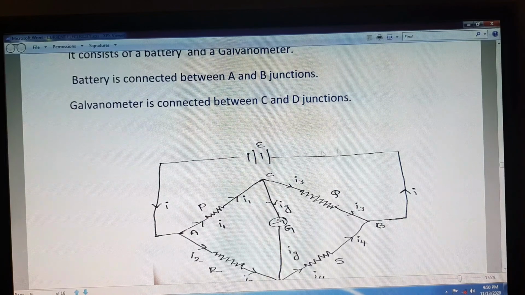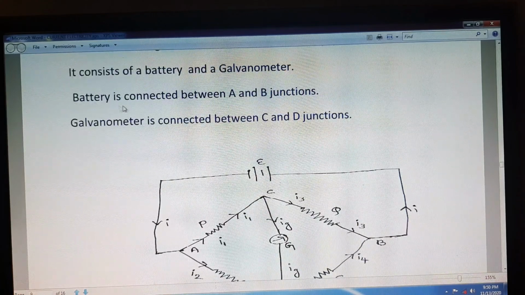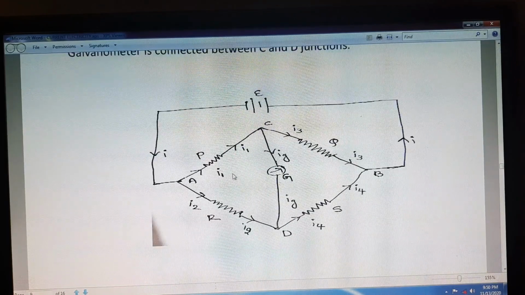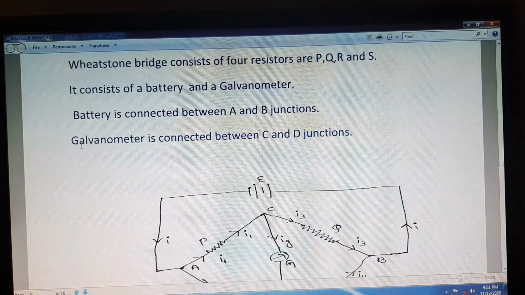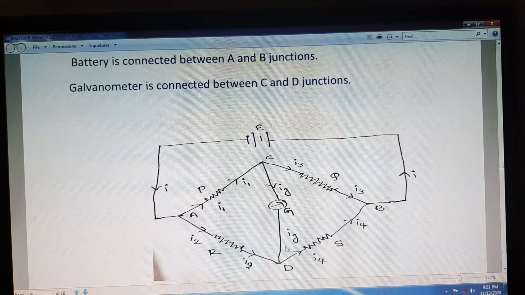The battery is connected between A and B junctions, and the galvanometer is connected between C and D junctions.